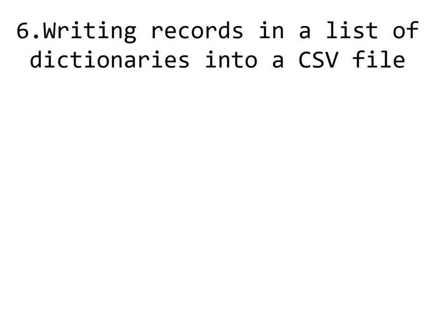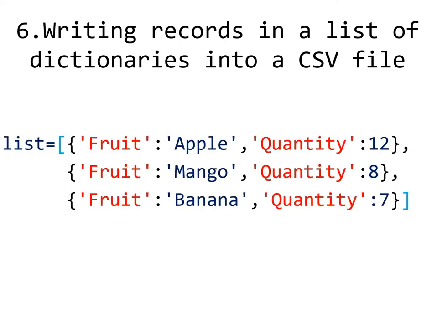Writing records in a list of dictionaries into a CSV file. What is a list of dictionaries? Take a look at this list. The first element, fruit colon apple, comma, quantity colon 12, is enclosed within curly brackets. This is a dictionary.